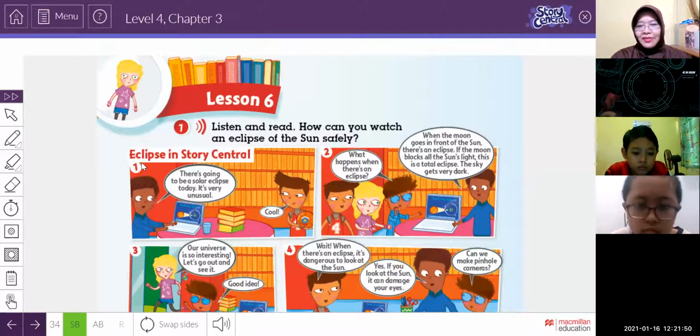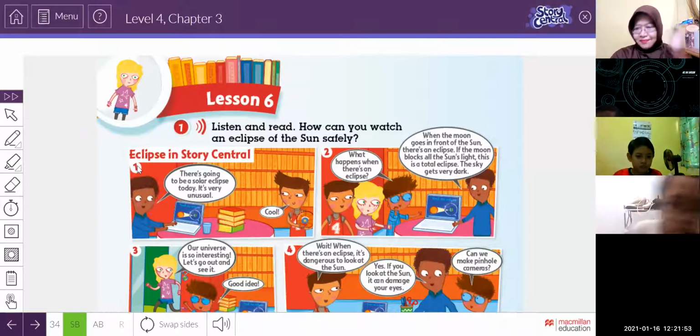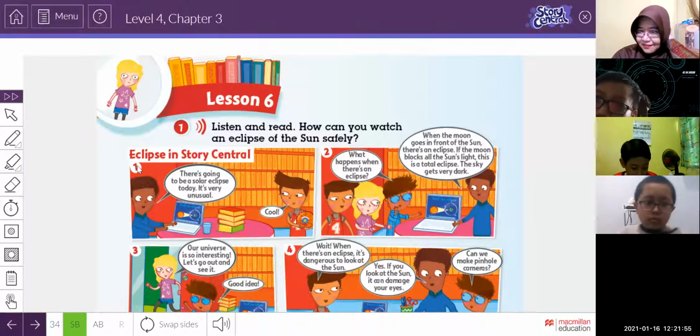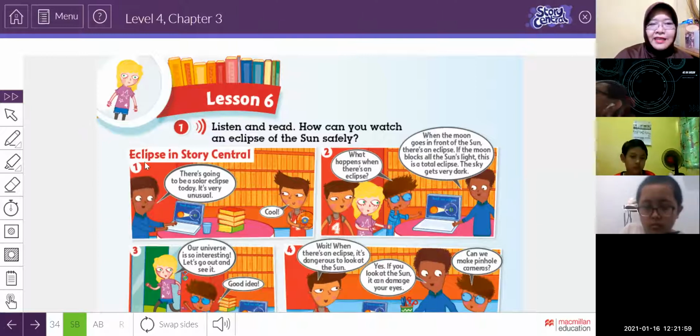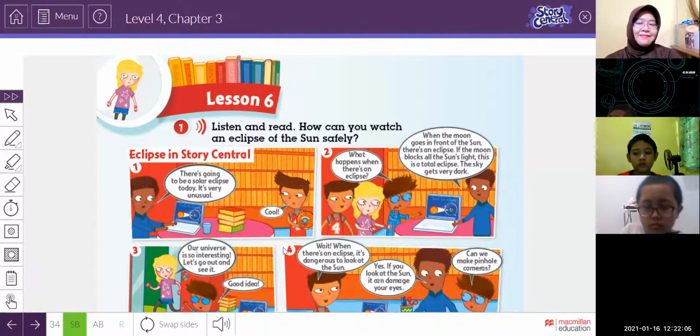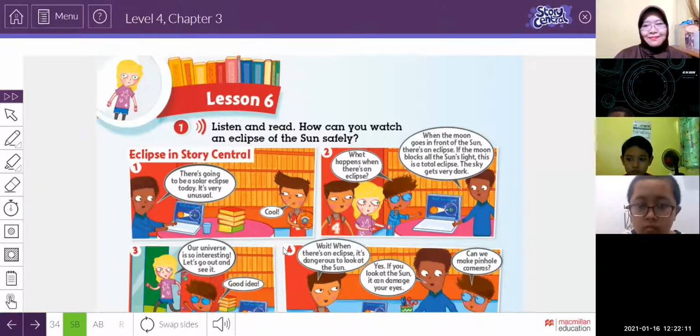What's the title of the comic? Eclipse in Story Central. Eclipse in Story Central. Guys, what is an eclipse? Go on, you can Google. What is an eclipse?